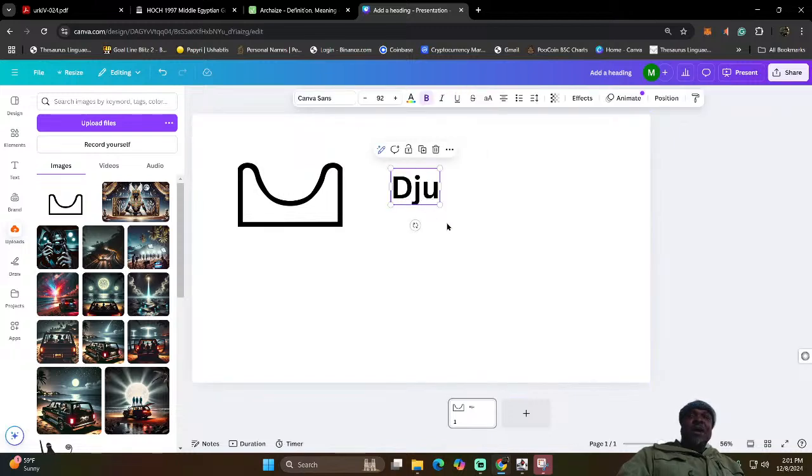Now let's talk about Dahudi. And you want to notice how this DJU is in the front of the name Dahudi, even though it don't got nothing to do with him being part of the mountain or nothing. I just wanted y'all to see how that is working. In the name Jehudi, we go straight from a DJ to a U and not a W, right?